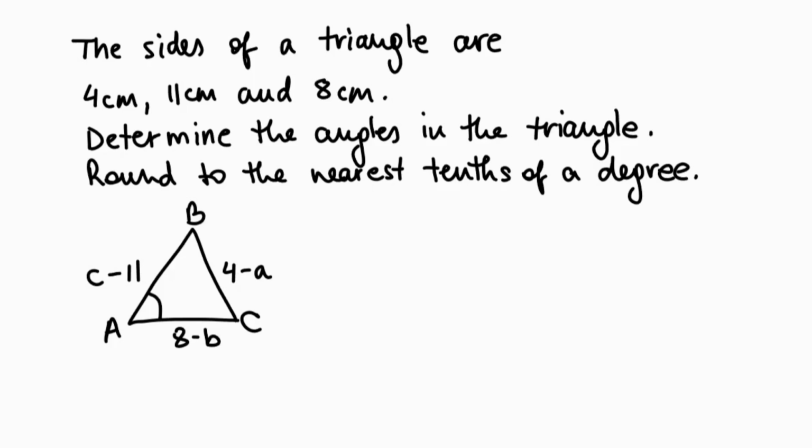So here I'm solving for angle A first. So I'll do cos A is equal to a squared minus c squared minus b squared over negative 2bc.